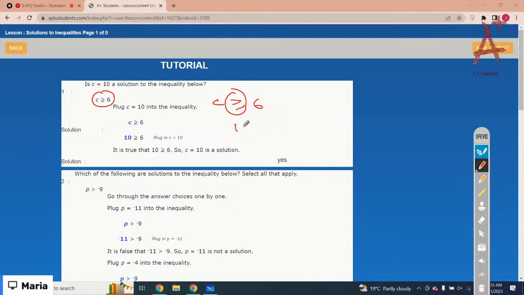Just replace C with the value 10. So 10 is greater than or equal to 6. Either it is greater or it is equal. They are not equal. Let's see if 10 is greater than 6. Yes or no? Yes. 10 is greater than 6. That means C equals 10 is a solution of the inequality below. The correct option is yes. Got it?